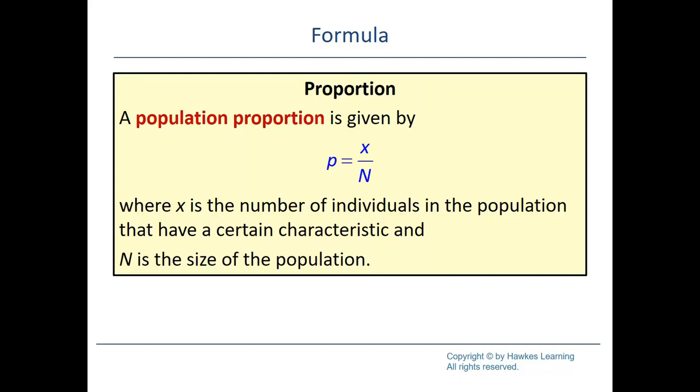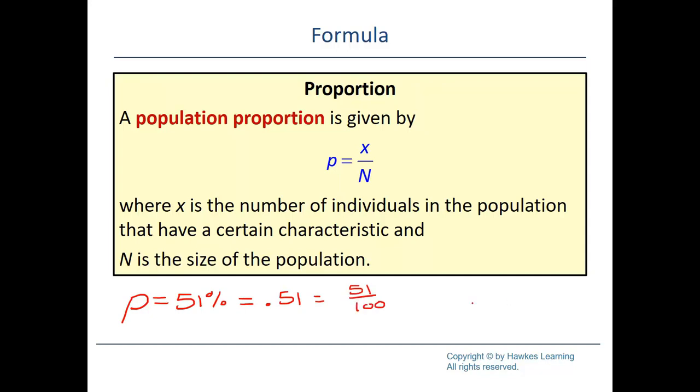So a lot of times you'll see something like P is 51%. When I start to do my calculator work, I have to remind myself that's 0.51, or 51 over 100.